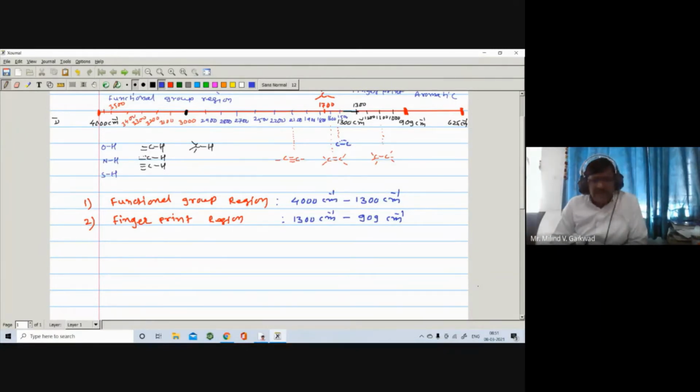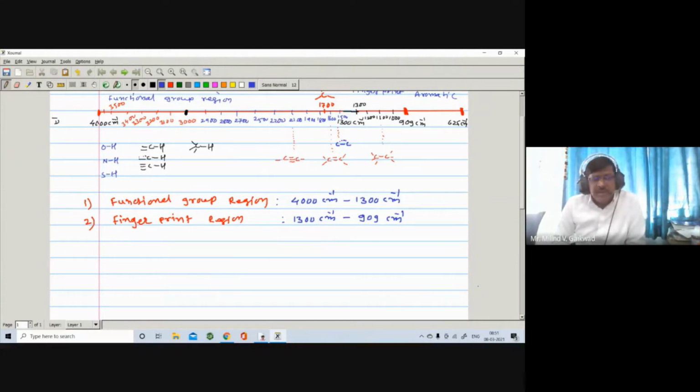The bands which appear in this region, if they are identical for the two compounds, then you may say that both compounds are the same. So they are useful for sample comparison.